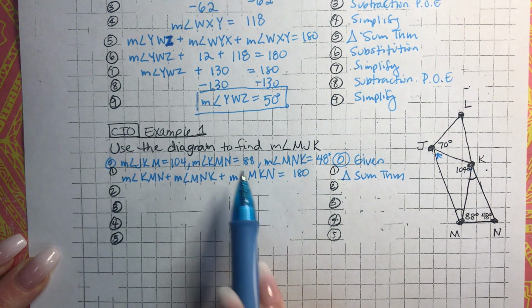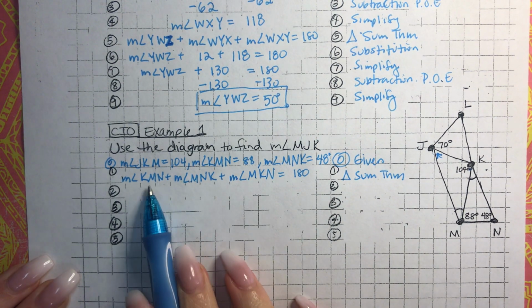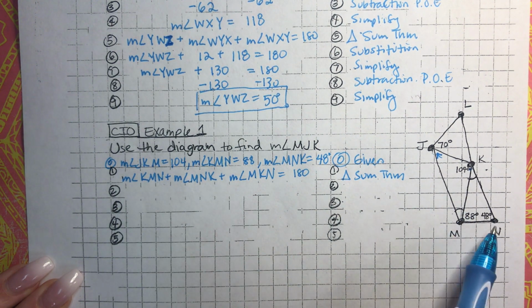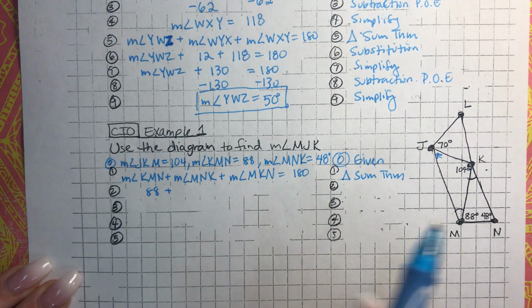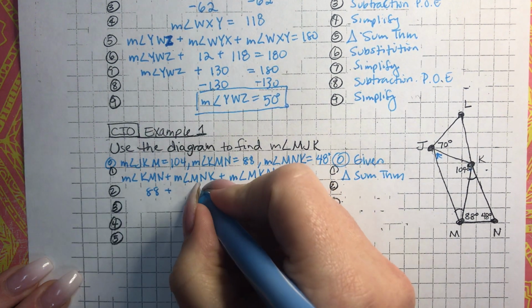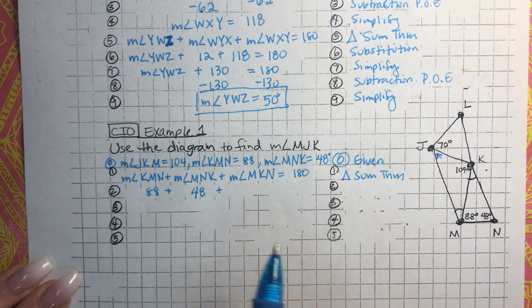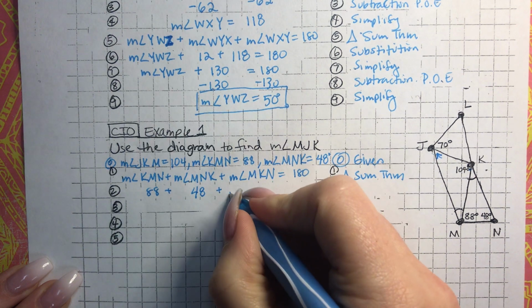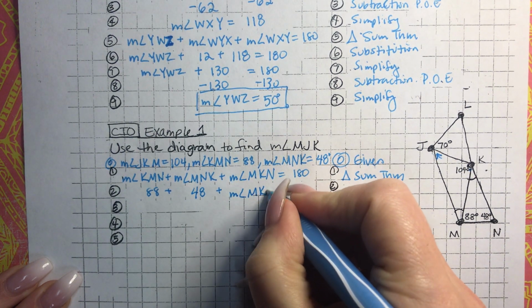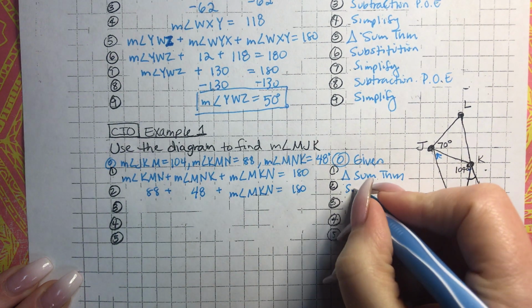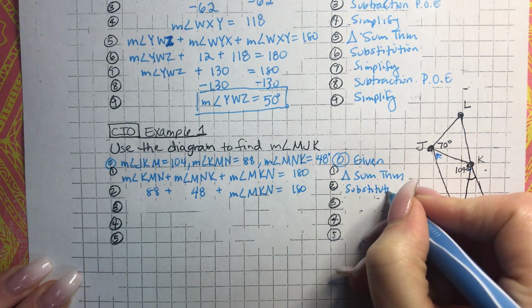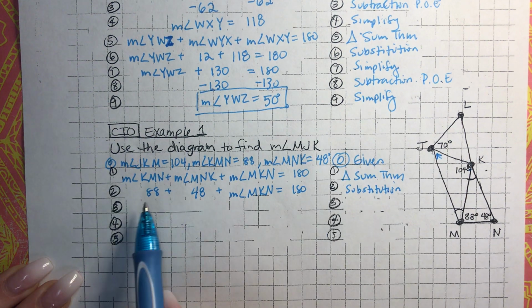Let's substitute those values in. We know that KMN is 88, plus MNK is 48, plus MKN, that's the one we're trying to figure out. So, substitution. Then we just need to simplify here.